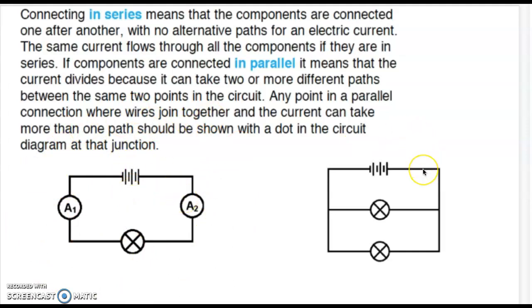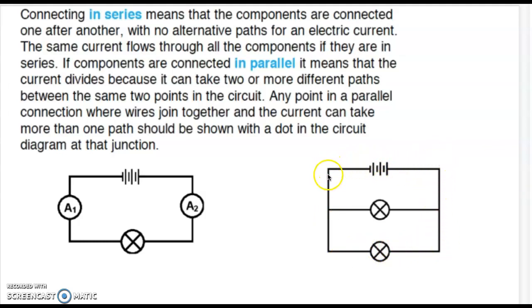Now, a parallel circuit is a circuit which offers branches and has a number of loops available. So as you can see here, this is a parallel circuit because we have the battery connected to one bulb, but there is a branch, which means that the battery is also connected to a second bulb.